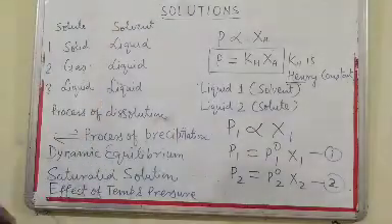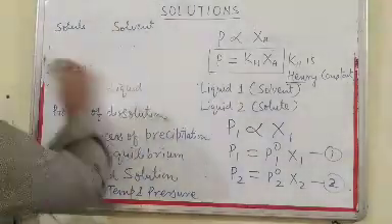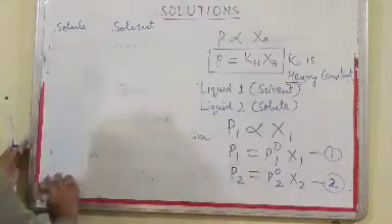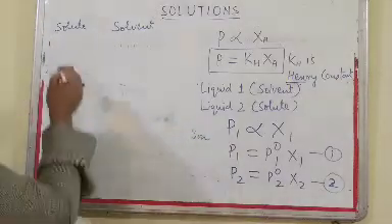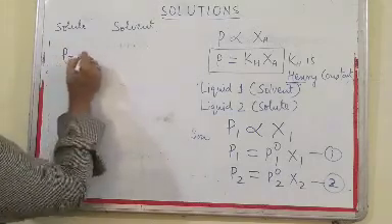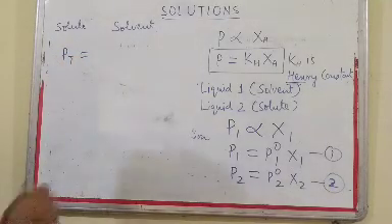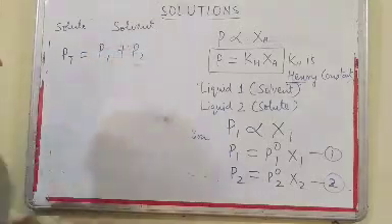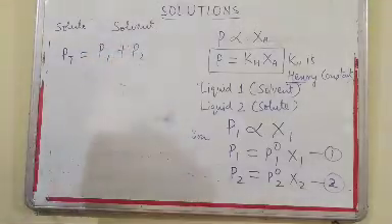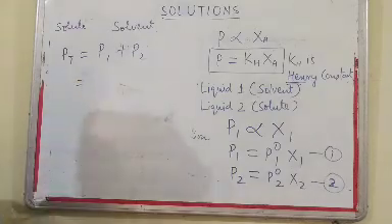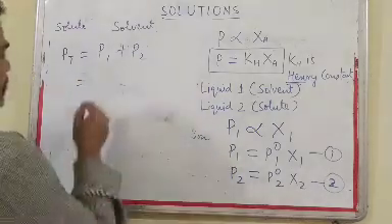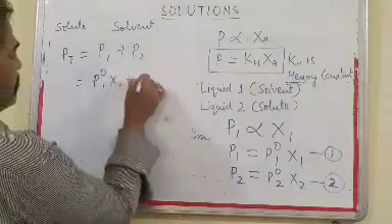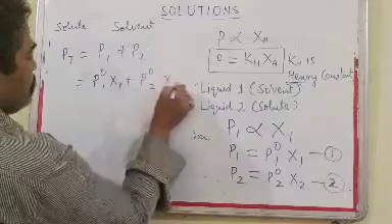So in this way we can write here, let Pt be the value of total vapor pressure. It will be written equal to P1 plus P2. Now using equations 1 and 2 we write the values of P1 and P2: P01 X1 plus P02 X2.